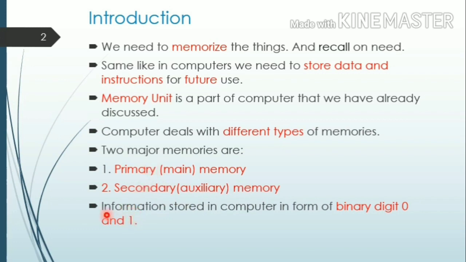Information is stored in computers in the form of binary digits, that is 0 and 1. You always know that a computer is an electronic machine and does not understand human language. It only understands signals, and those signals appear as 0 and 1 only.